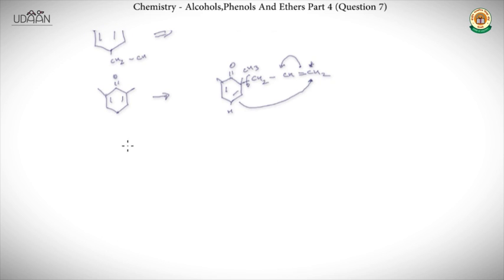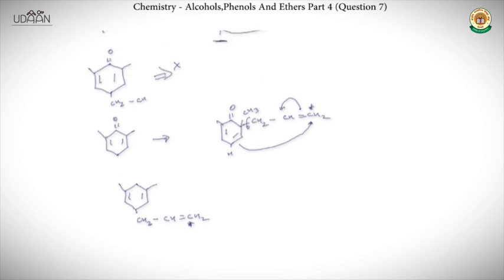So we get a new type of intermediate, which is CH2CH=CH2, and as you can see the shifting has been done 2 times, therefore this comes over here.